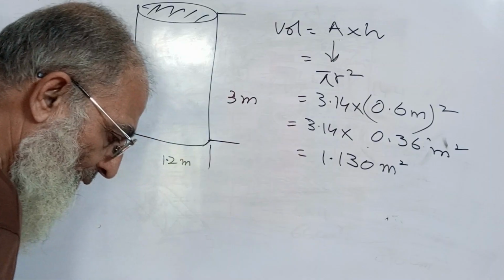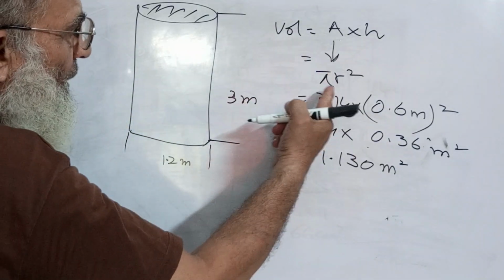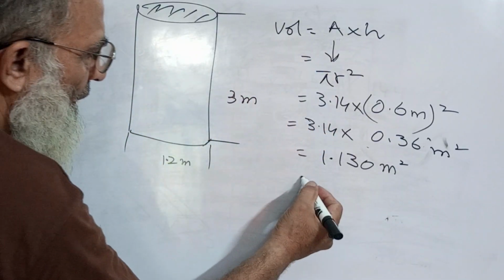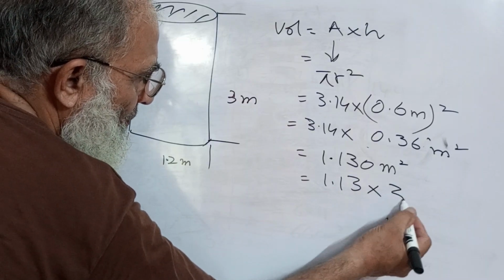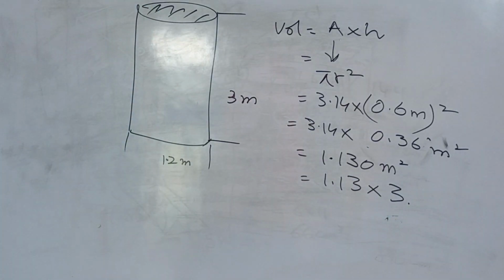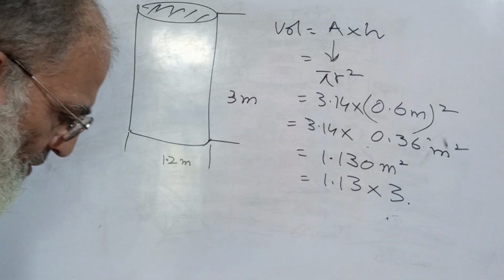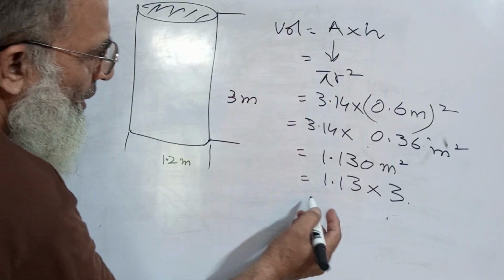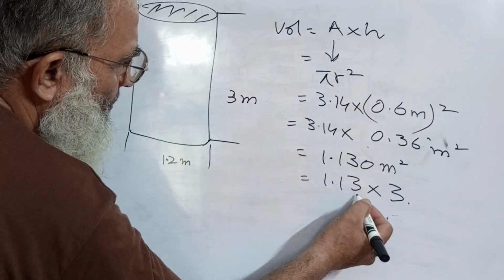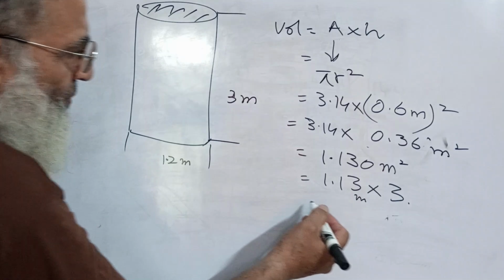Now the height is 3 meters, so we have to multiply it with 3.